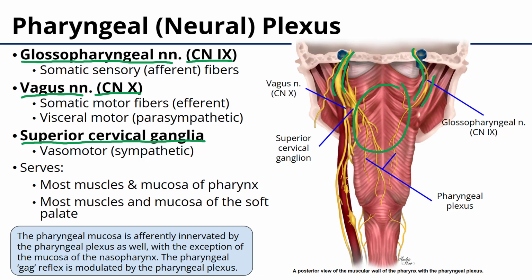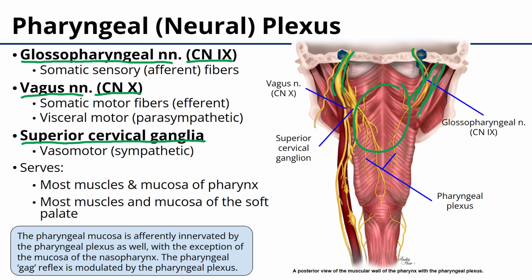Now, the vagus nerves innervate all of the pharyngeal muscles as well as most of the muscles of the soft palate. The exception to the innervation of most of the muscles of the pharynx are the stylopharyngeus muscles, which are innervated by the glossopharyngeal nerve.